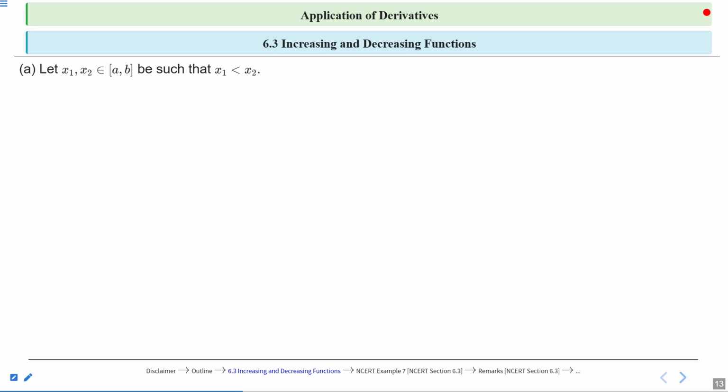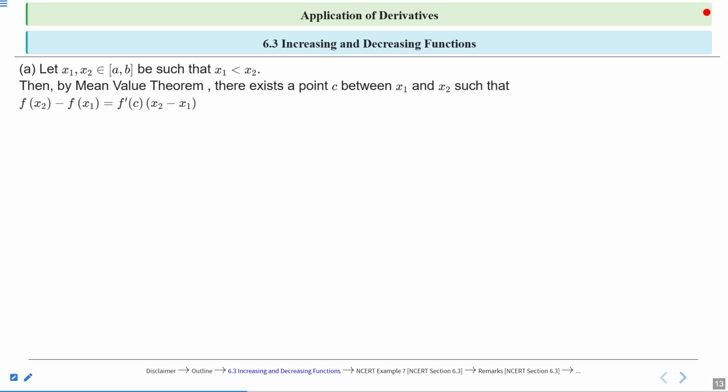Next is part A. Let x1, x2 belong to (a, b) such that x1 is less than x2. Then by the mean value theorem, there exists a point c between x1 and x2 such that f(x2) minus f(x1) is equal to f'(c) into (x2 minus x1). That is f(x2) minus f(x1) is greater than 0, as f'(c) is greater than 0, it is given.